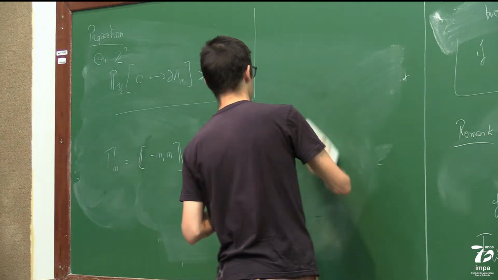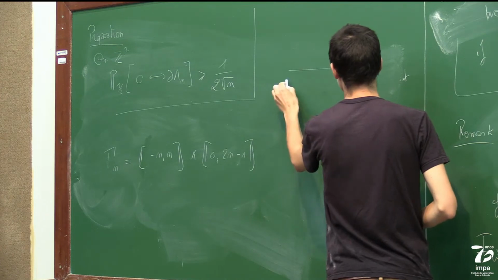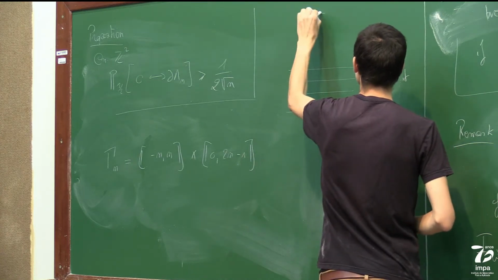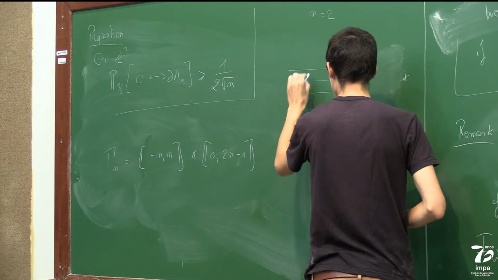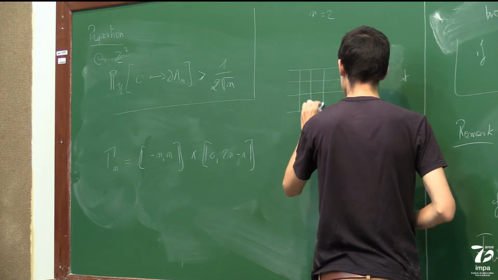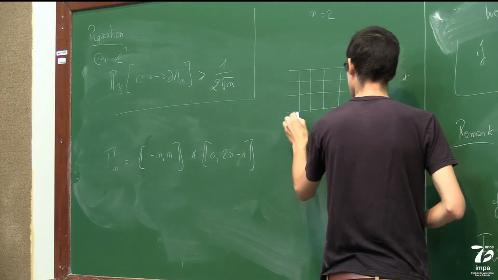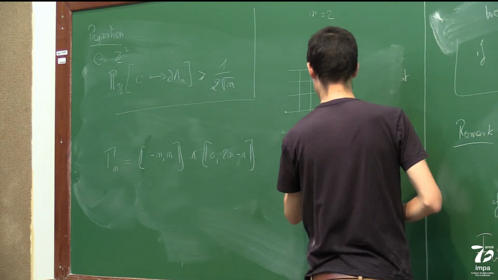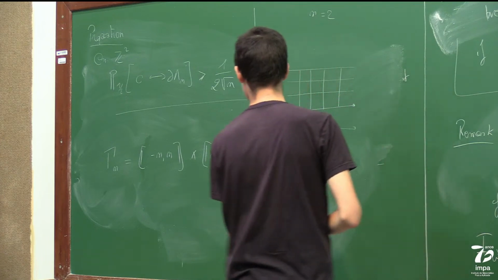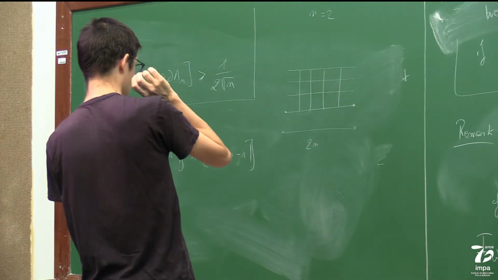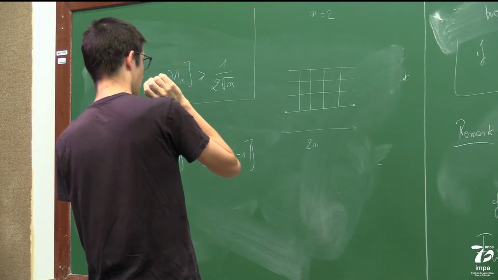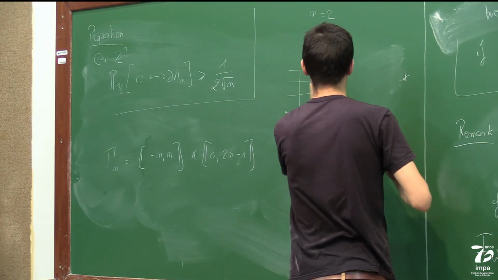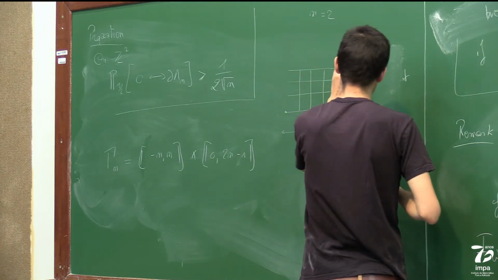So this is for n equal 2. Okay, the length here is 2n, and the length here is 2n minus 1.